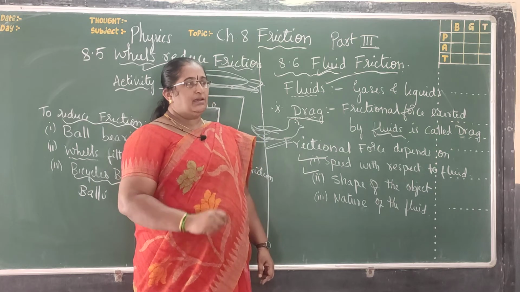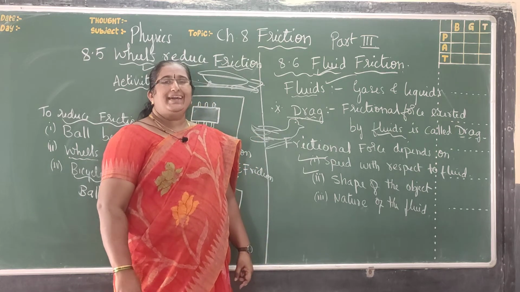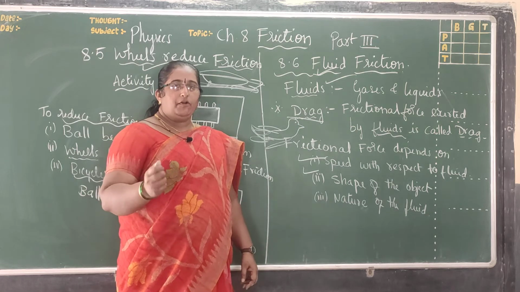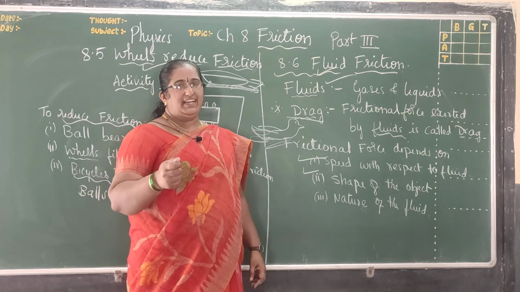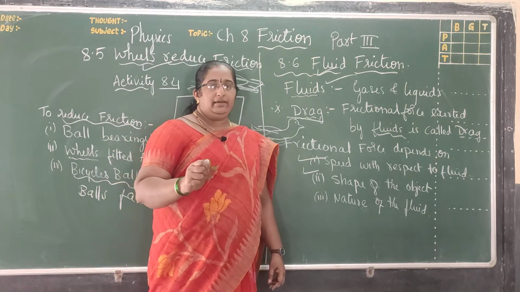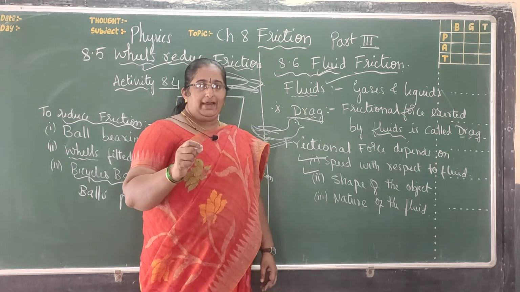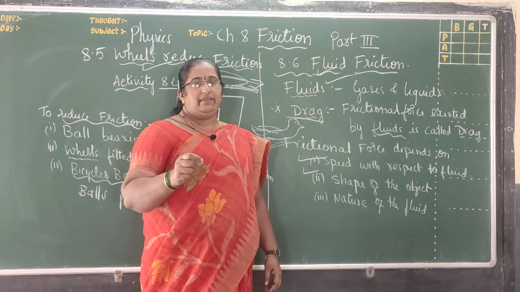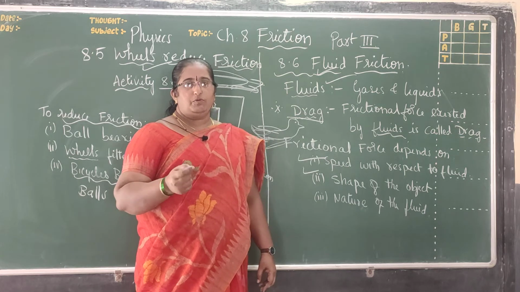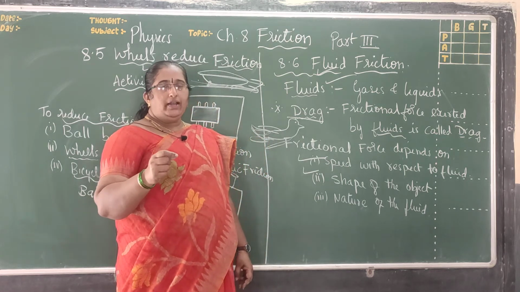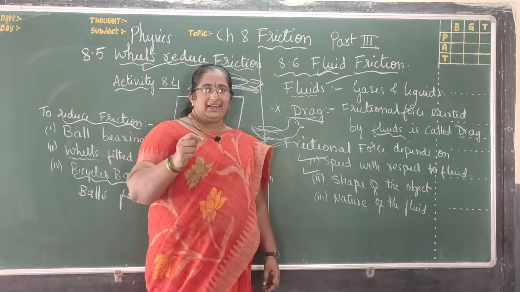We apply some oil or some grease. So it will help for the smooth movement of the hinge. So what is going to happen there? The oil, the grease which is applied, it will reduce the friction there and it will help for the smooth movement.